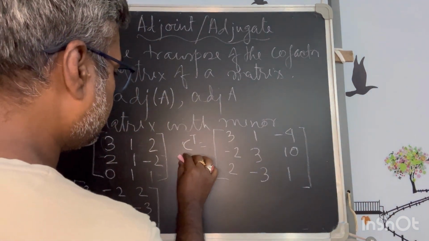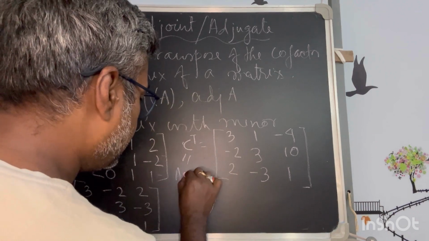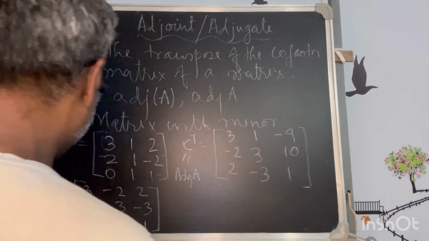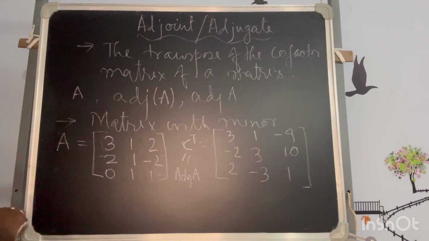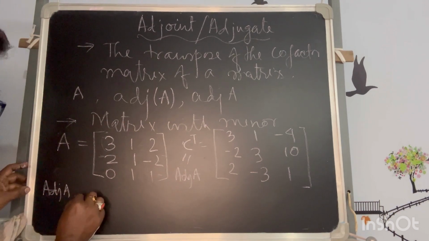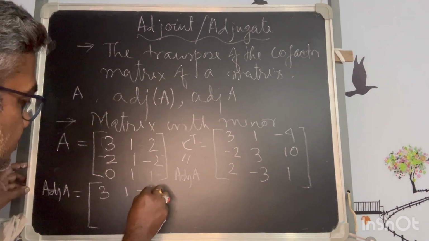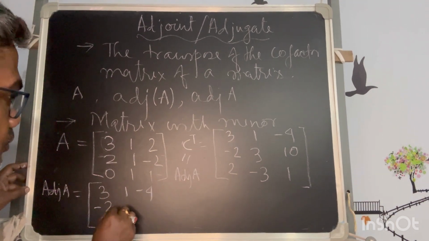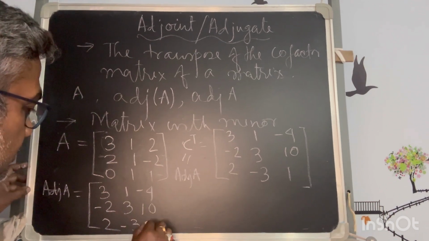This in turn we will also say to be adjoint A. Okay, now we don't need this further, so we'll write it here. Adjoint A is equal to the matrix 3, 1, minus 4; minus 2, 3, 10; 2, minus 3, and 1.